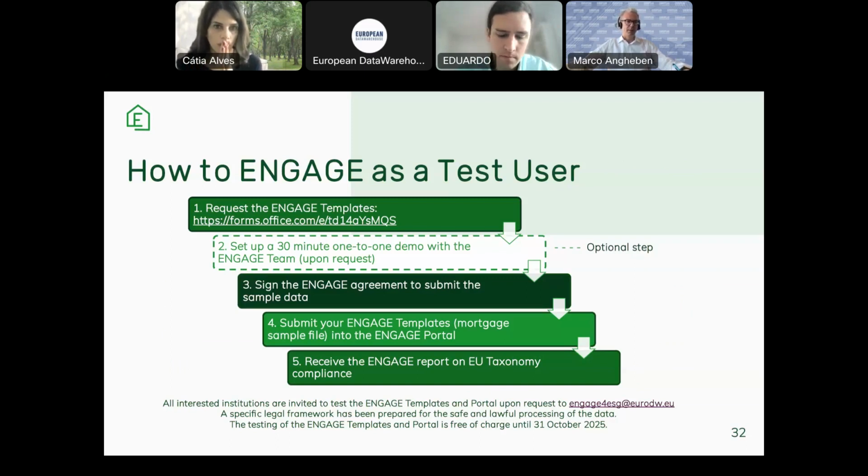Once you submit the sample to the Engage portal through a specific mortgage sample file, you will receive a report on the EU taxonomy compliance. There you can also see the link to obtain the general email address and the templates themselves.